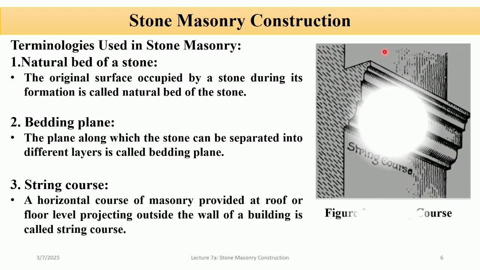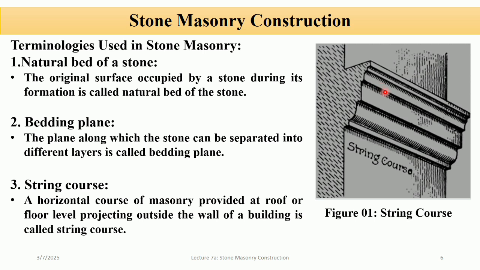A string course is a horizontal course provided at roof or floor level, projecting outside from the wall. We provide string courses to throw out rainwater which may otherwise slide along the wall surface and cause dampness in the building.